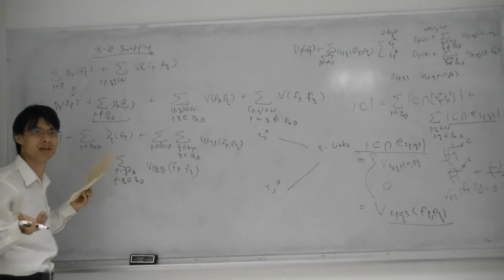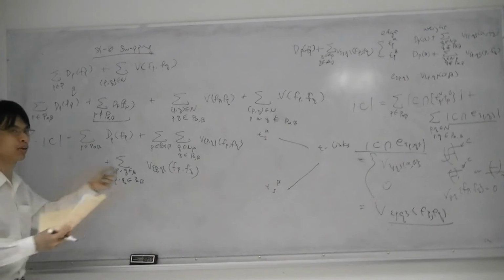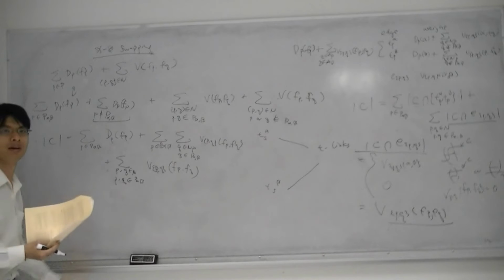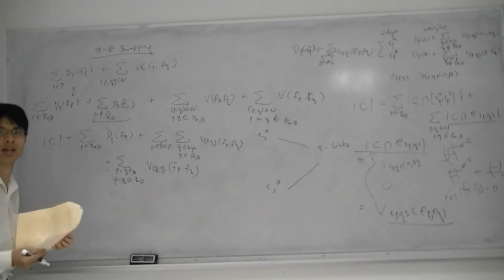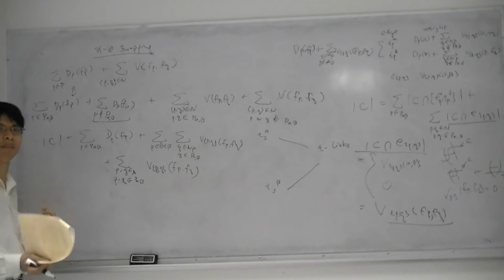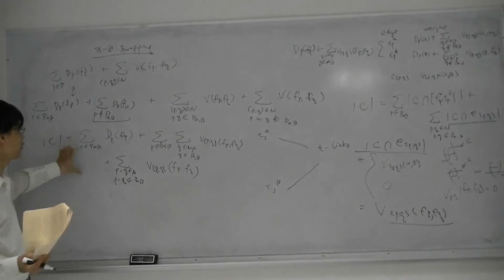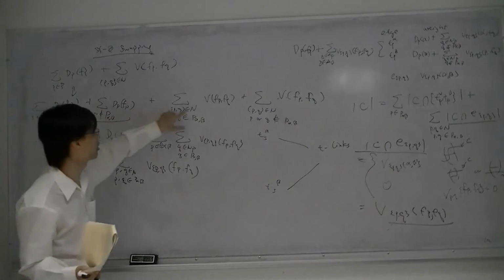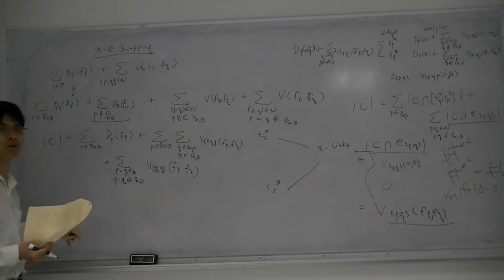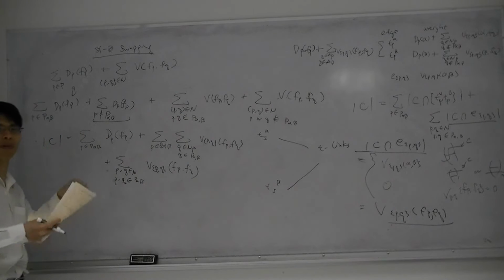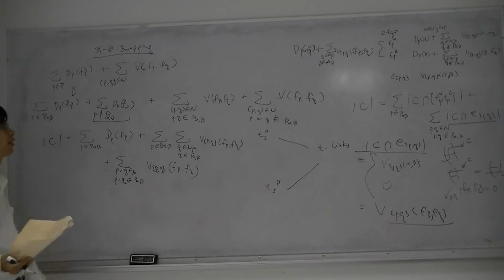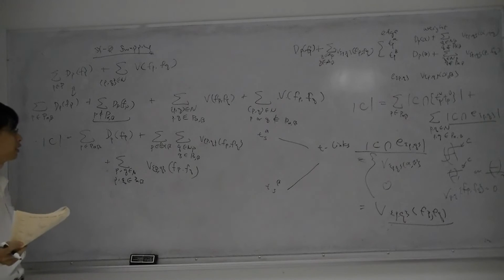But that's not relevant because I'm only trying to optimize the labels of pixels that currently have labels alpha or beta. So this picks up all the terms related to alpha and beta, the pixels that are inside alpha or beta.